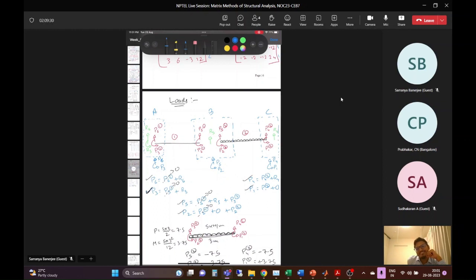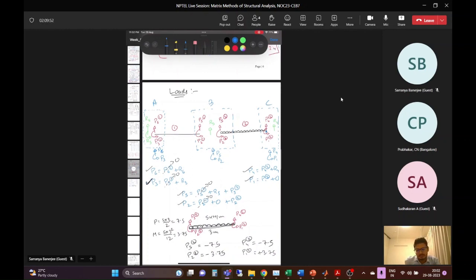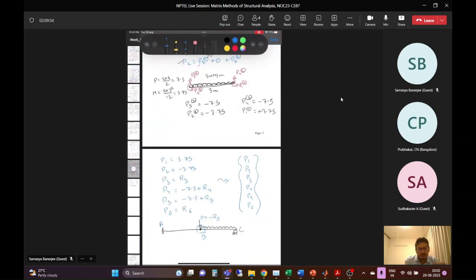So if you are just considering the total final force acting on this one, then we consider that the moment is 0, P1, P2 is 0. So the final force at this point, P4, is R4, the reaction force, directly R4, not the equivalent joint load.